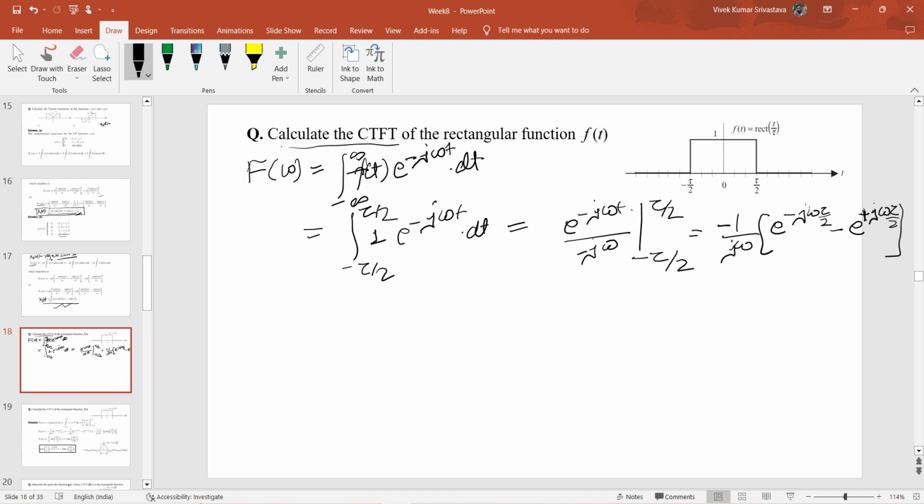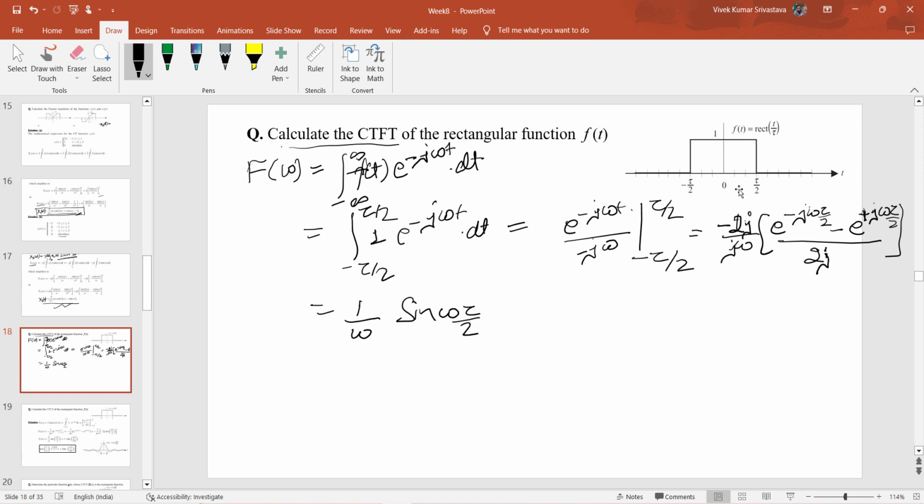If you see here, this form is nothing but the sine form. To make it the sine form, we will multiply both numerator and denominator by 2j, and also this minus should be multiplied with this. So this will come as 1 by omega sin(omega tau/2).